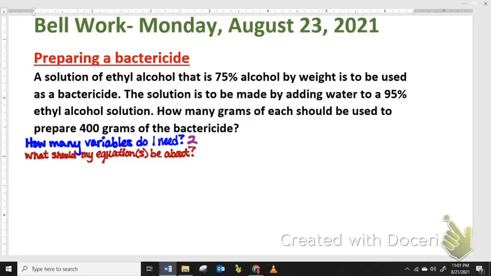Are you guys okay with that? Okay. So I'm going to let x, since I'm being asked to find number of grams, that's what my variables are going to represent. Number of grams of, one of them is this 95% ethyl alcohol solution.